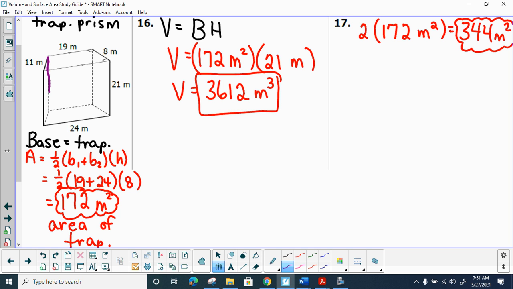I have one rectangle here that's 11 by 21. And I have a rectangle on this side that's 21 by 8.